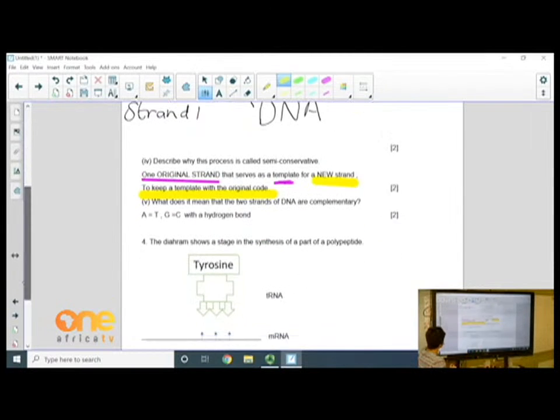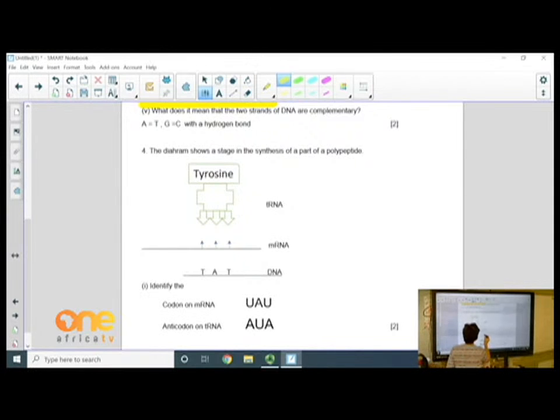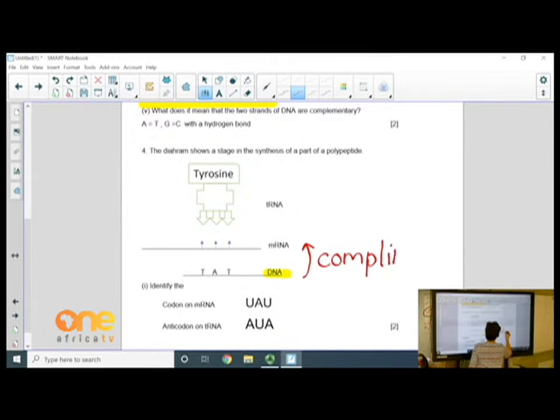Then we have the diagram. So if this is the DNA, the mRNA will be linked with a complement, right? That means the T of the DNA cannot link with a T. That is not complementary. They do not fit into one another. So the T will become U in the RNA.